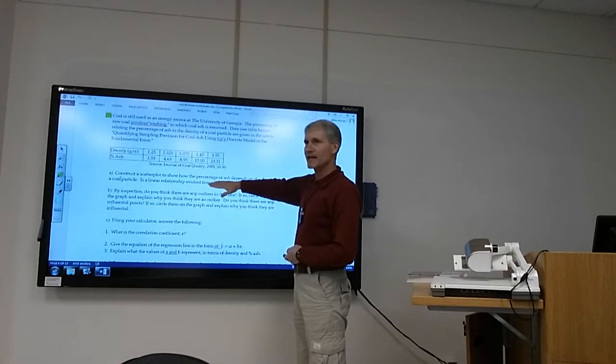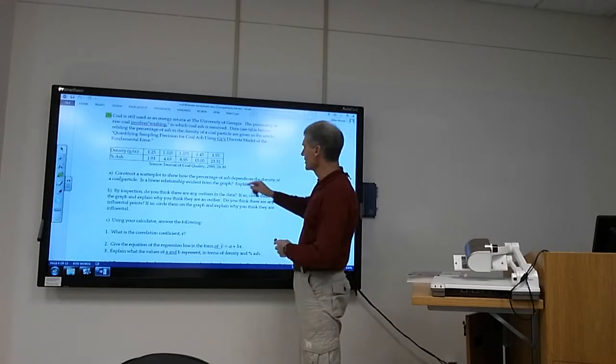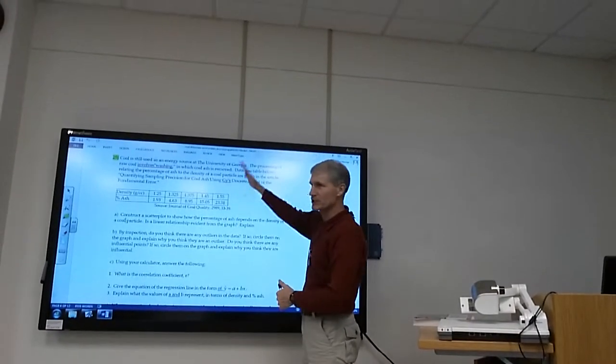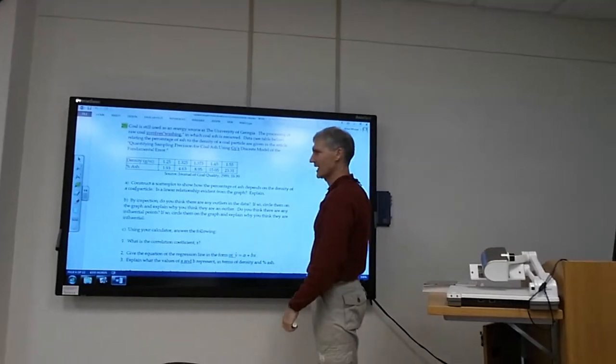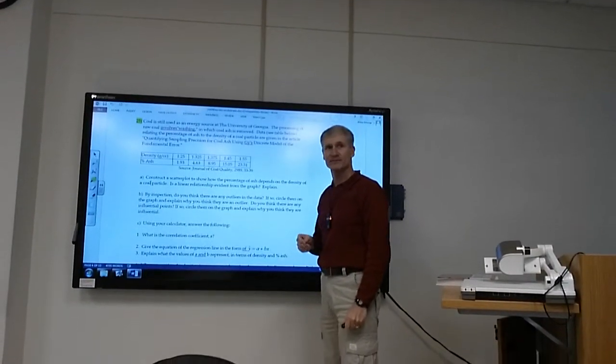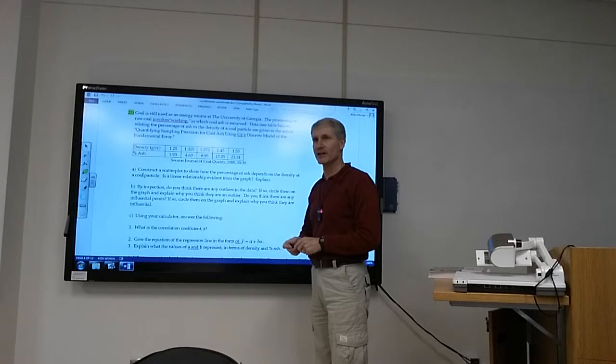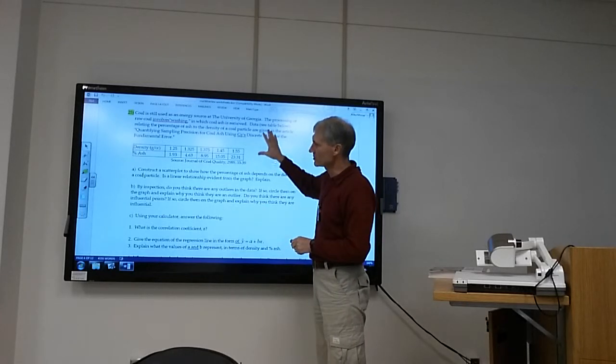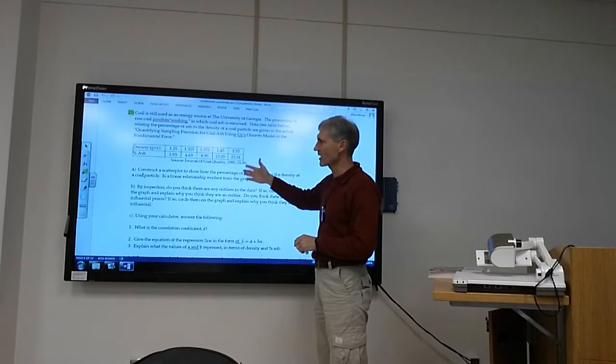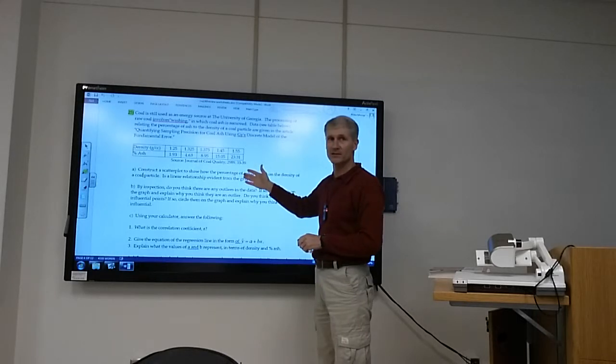So everybody understand how to do a scatter plot? Right. Now, when you do these things, for this worksheet, it's okay just to do it by hand, right? Later, not very much later, but within the next couple of weeks, we're going to start using software to do that. You could do it with Microsoft Excel pretty easily, right?